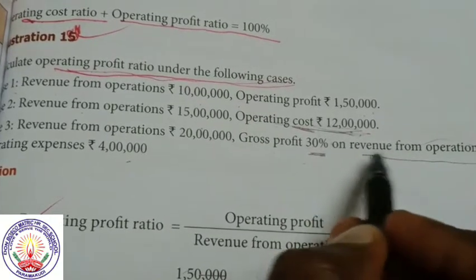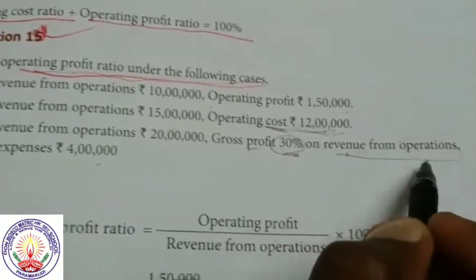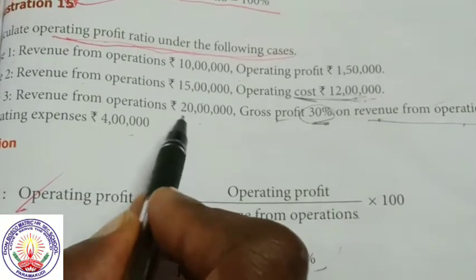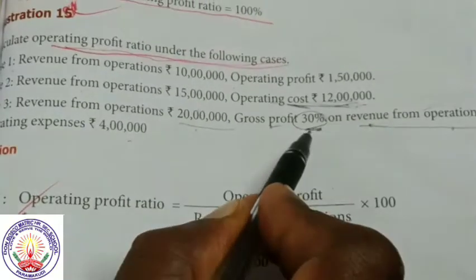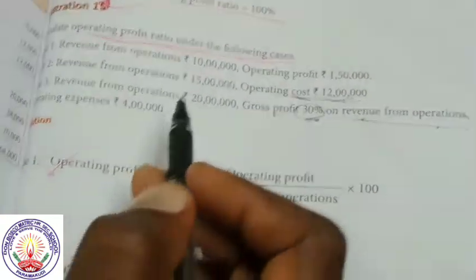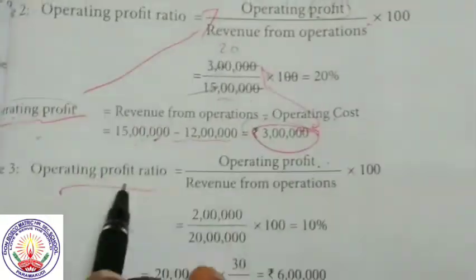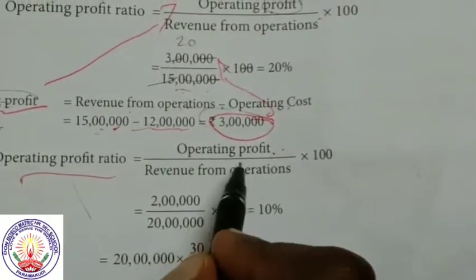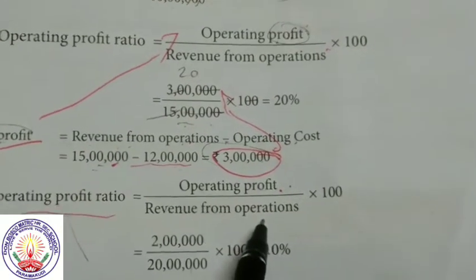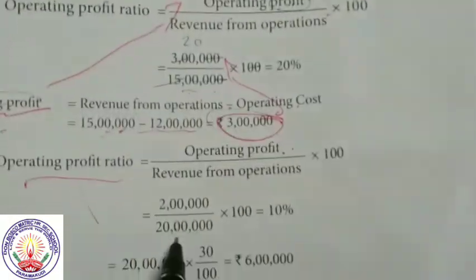You take 30% of the revenue from operation, 20 lakhs, as the gross profit. Then operating expense is 4 lakhs. Operating profit ratio equals operating profit divided by revenue from operation. Revenue from operation is directly given as 20 lakhs.